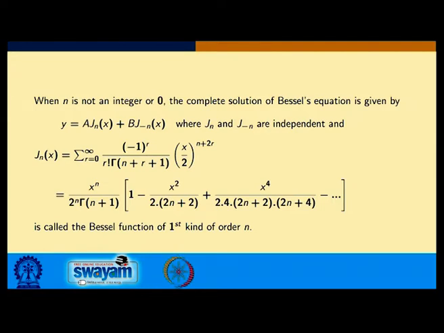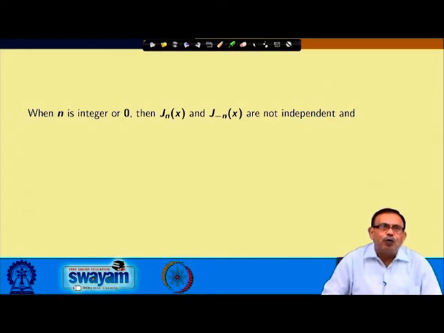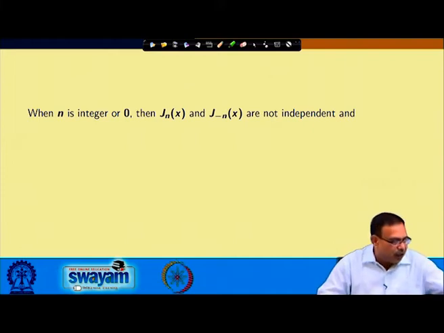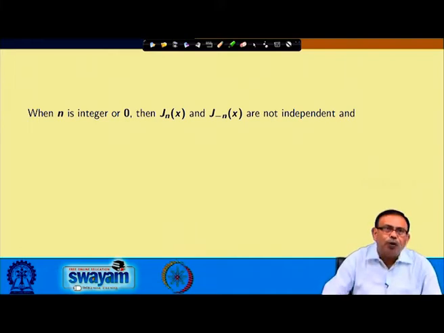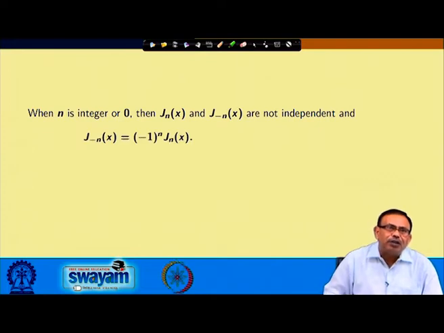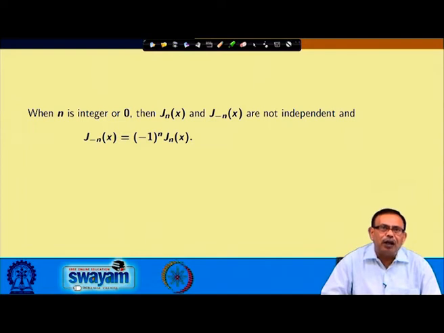We can write this as x to the power n over 2 to the power n gamma(n plus 1) into this series, which we call the Bessel function of first kind of order n. So, J_n(x) equals this series, known as the Bessel function of first kind of order n, whereas when n is an integer, J_minus n(x) is minus 1 to the power n into J_n(x).